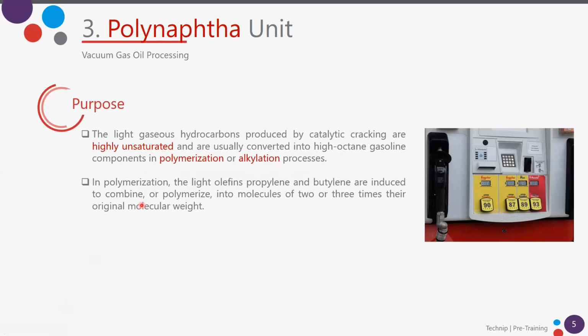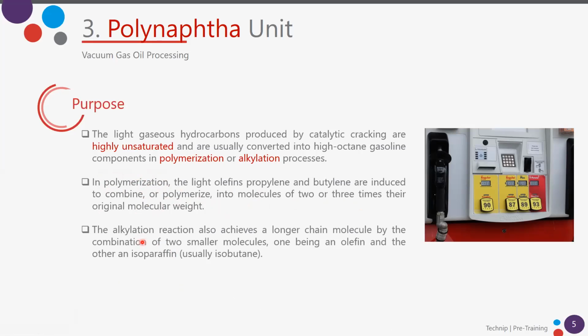In polymerization, the light olefins propylene and butylene are induced to combine, or polymerize, into molecules of 2 or 3 times their original molecular weight. You will see that sometimes we will call it polymerization and sometimes oligomerization. They are not exactly the same, but they are used in the same way in some cases.